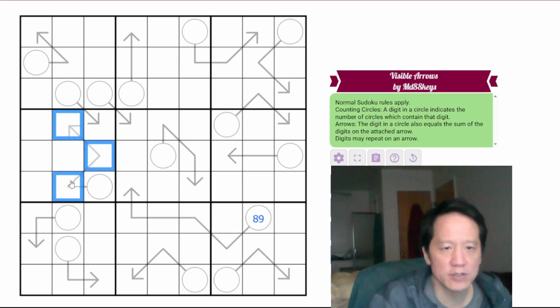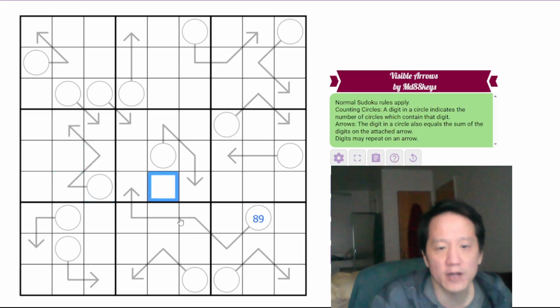This unique digit adds up to 3 digits at least, right? So this cell must be the sum. Oh, also if this is 8 or 9, it must be in almost every row and every column, except for 1.